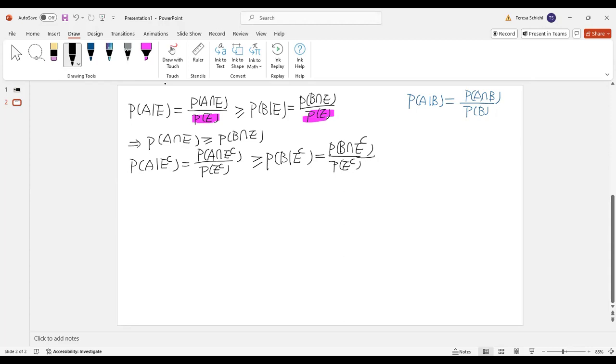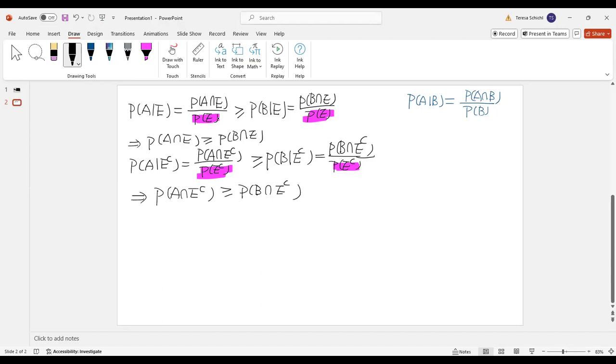I just applied the basic conditional probability definition. They have the same denominator, so P(A intersect E complement) is greater than or equal to P(B intersect E complement).